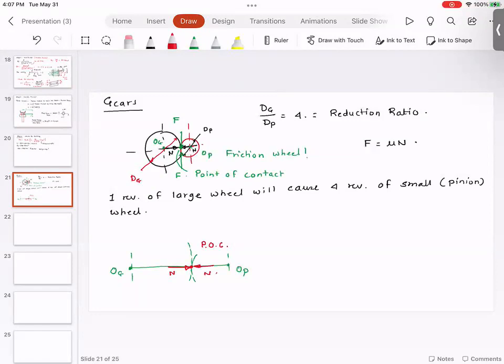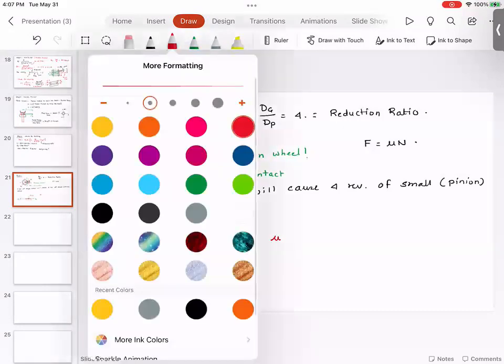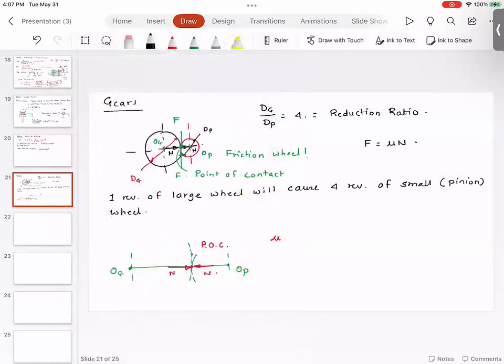And since these two wheels are in contact with each other and there is some friction, which is mu, what happens is you have the normal reaction N, frictional force because of the normal reaction is going to be mu times N, and this mu times N multiplied by their respective radii, which is Rg and this Rp, is going to cause torques.